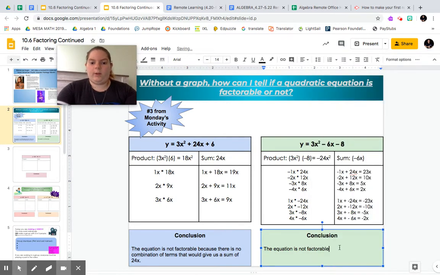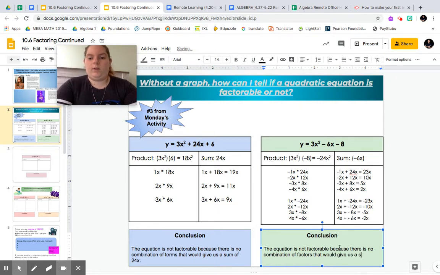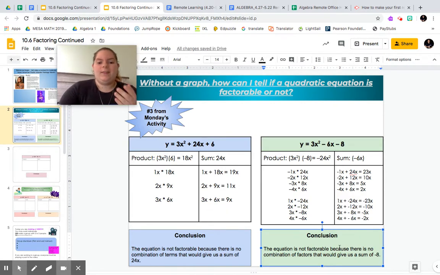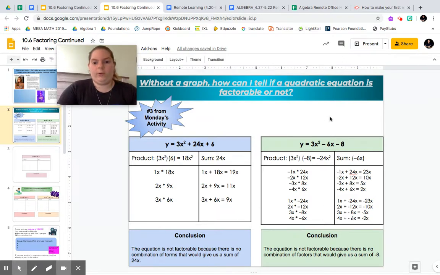Sorry, can't spell either. Because there is no combination of factors that would give us a sum of negative 8. So again, this one I changed the wording up a little bit. Both conclusions mean the same thing. Both equations are not factorable.